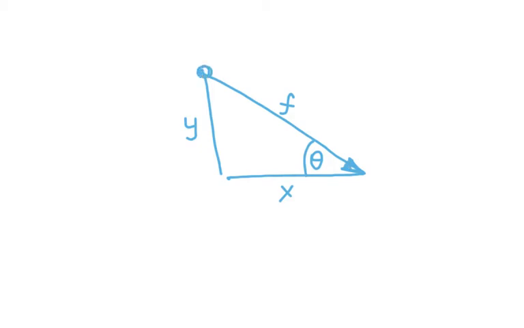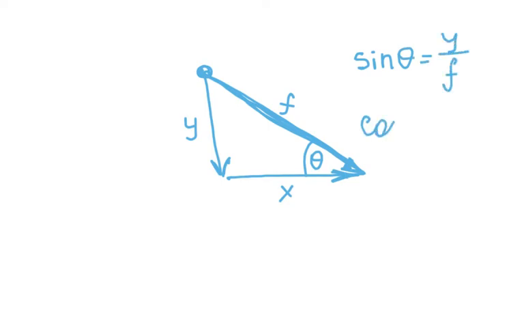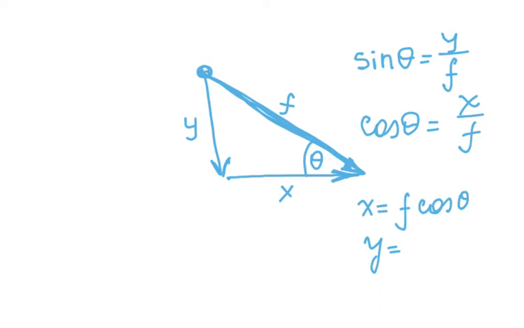So if the force at this point is pointing that way, then this will become the y component, this will become the x component. And from here, I can write the sine of theta is equal to y over f, and the cosine of theta is equal to x over f. Now, I can write that x is equal to f cosine theta, and y is equal to f sine theta.